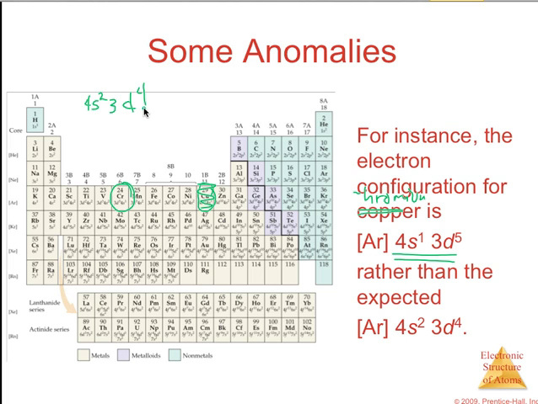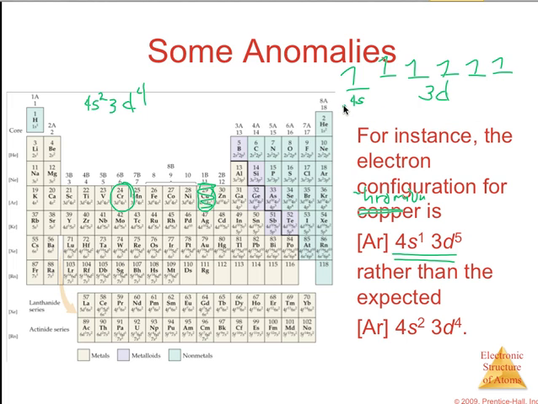If we look at the actual orbital notation, we have a 4s, and 1, 2, 3, 4, 5. This would represent the 3d sublevel. If I draw in the actual electron configuration, you can see that this is a half-filled 4s, half-filled 3d, all of these electrons with the same magnetic spin number.